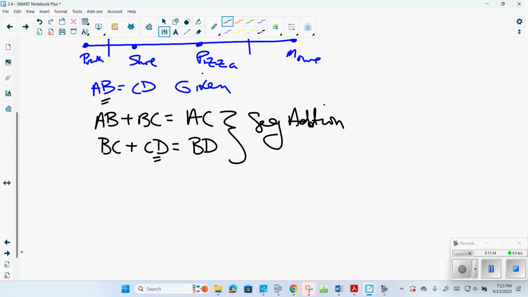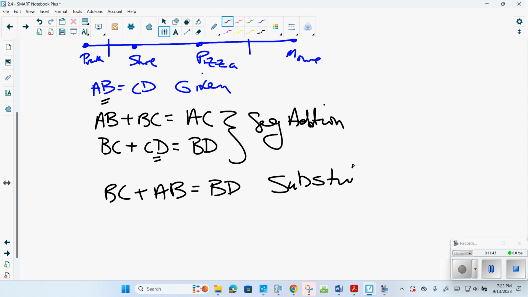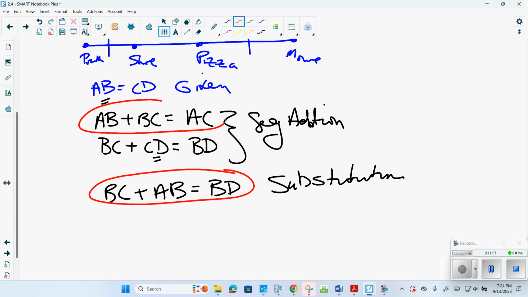So now I'm going to rewrite the second one. BC plus AB equals BD, and that would be substitution. And then the last step, I'm going to circle it. I have AC equaling AB plus BC, and I have BD equaling AB plus BC. Therefore, I now can say AC equals BD by the transitive property.